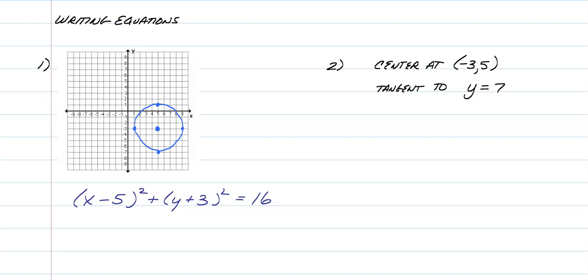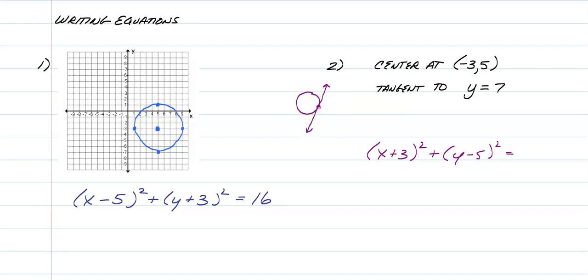This next example gives you a center, so you already know that this is going to be (x plus 3) squared plus (y minus 5) squared equals our radius squared, but we don't have our radius. But we do have a tangent. In case you forgot what a tangent was, a tangent is just a line that touches the circle once.